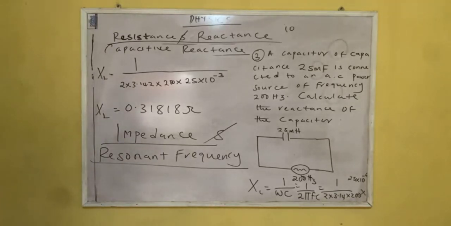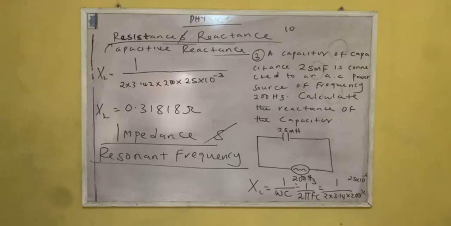Well, I'm not going to explain too much. I'm not going to be talking and talking. I would just want you to know that impedance here incorporates your capacitive reactance and also your inductive reactance.